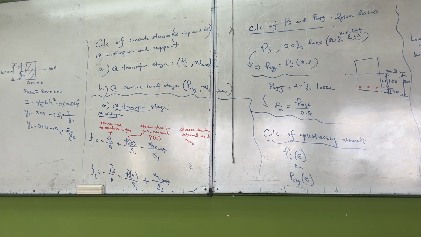You include the E, but then you also include the E at the top. Here, P initial over A, pre-stressing moment divided by S1 or S2, M divided by S. So I think at least you have the equation. I think four of you don't even have the equation. So that's why I want you to rework this practice.